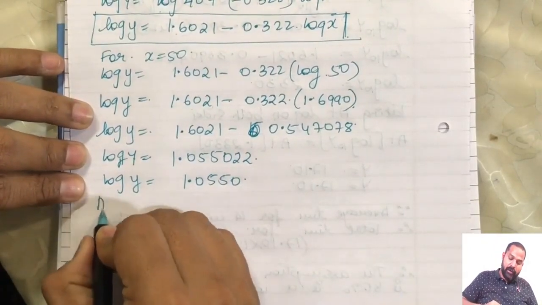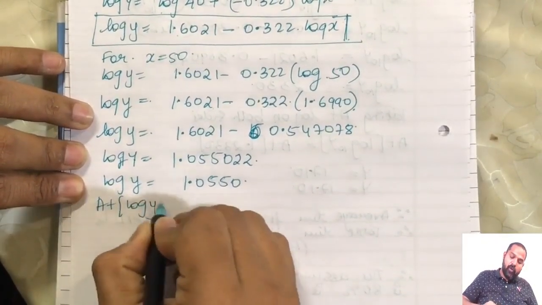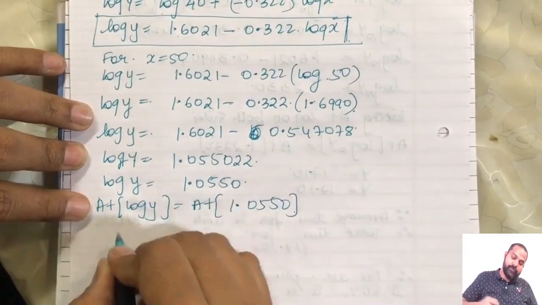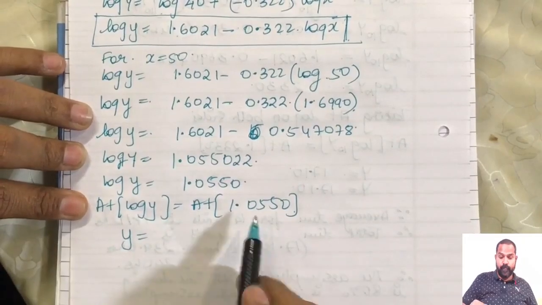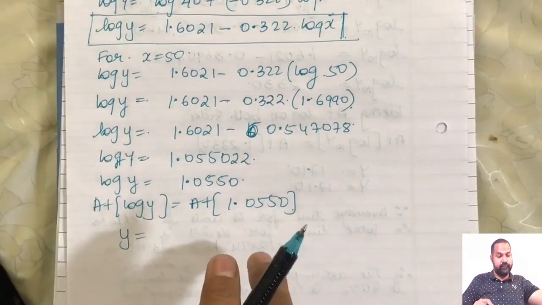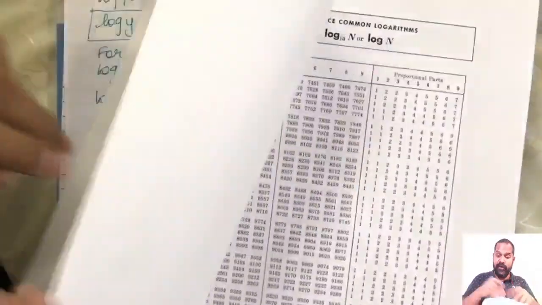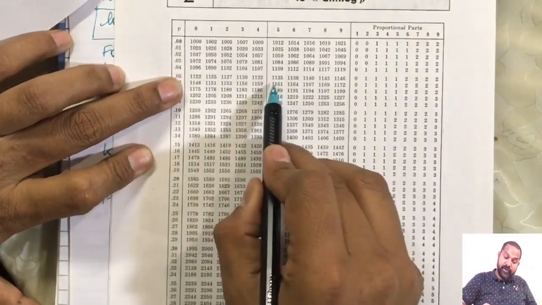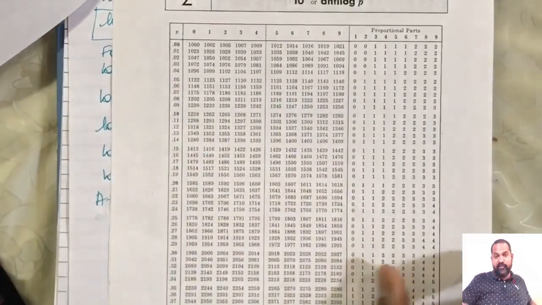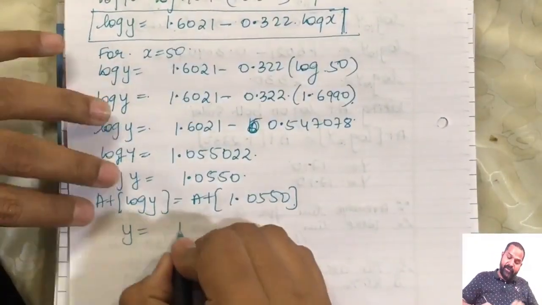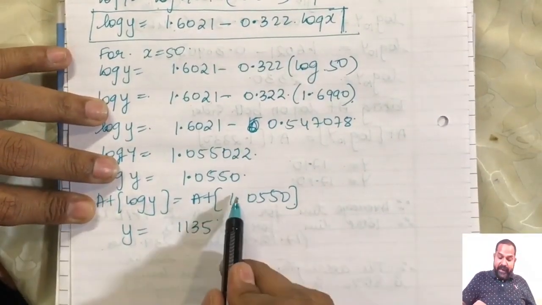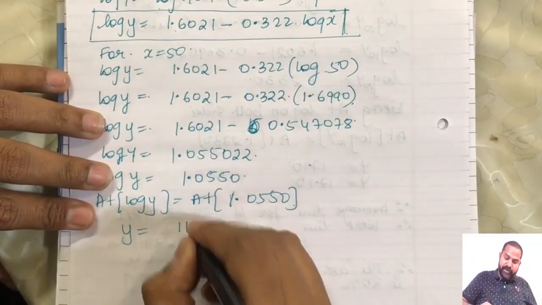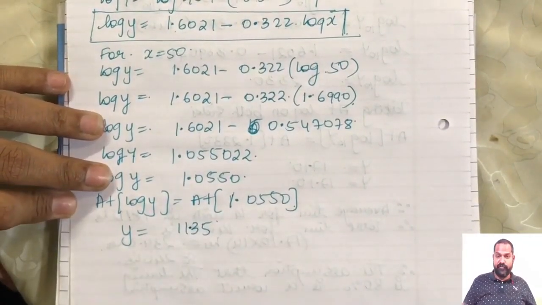Taking anti-log of log y, y is anti-log of 1.0550, so 0.0550. Anti-log of 0.05: let's go to anti-log table. The answer is 1135. Characteristic is 1, 1 plus 1 is 2, so 2 places before the decimal. So it is 11.35.